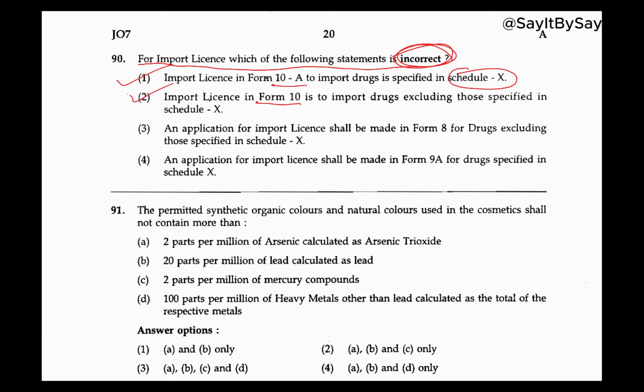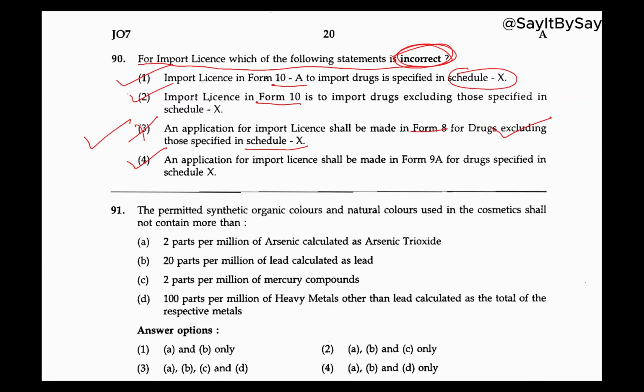An application for an import license shall be made in Form 8 for the drugs excluding those specified in Schedule X. This is incorrect. And fourth one, an application for import license shall be made in Form 9A for drugs specified in Schedule X. This is correct. 3 is our correct option because आपल्याला incorrect विचारलाय.